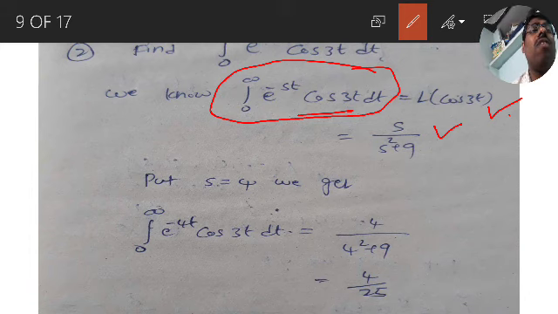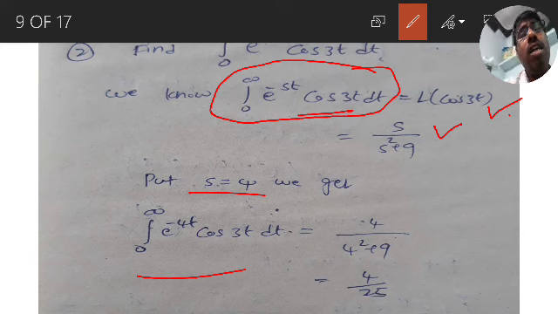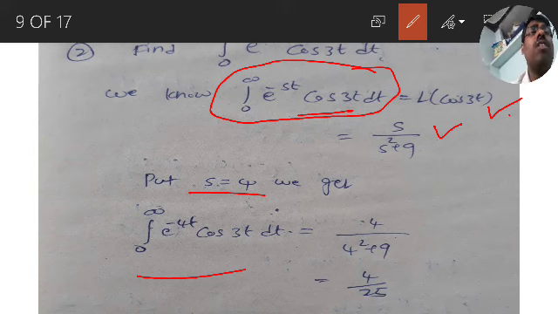Now substitute s equal to 4. Then integration 0 to infinity e power of minus 4t into cos 3t dt is, in the RHS also substituting s as 4, 4 by 4 square plus 9. 4 square is 16, 16 plus 9 is 25. Therefore, the value of the integral is 4 by 25.